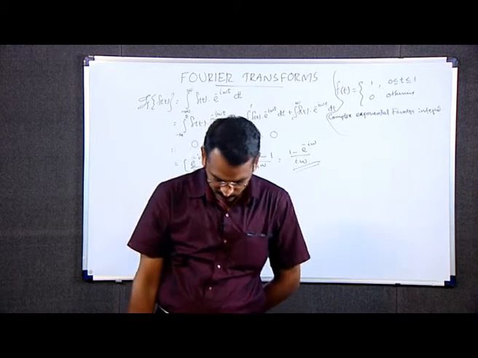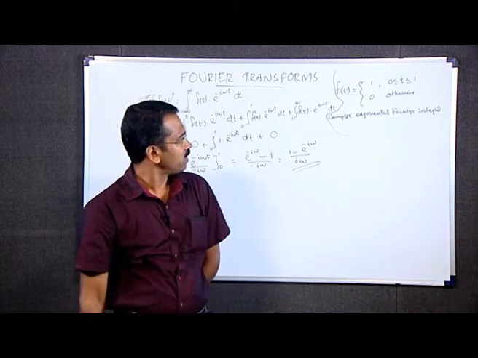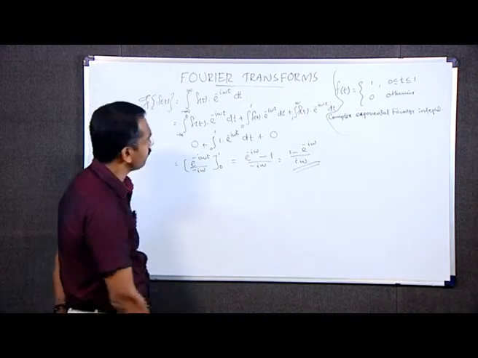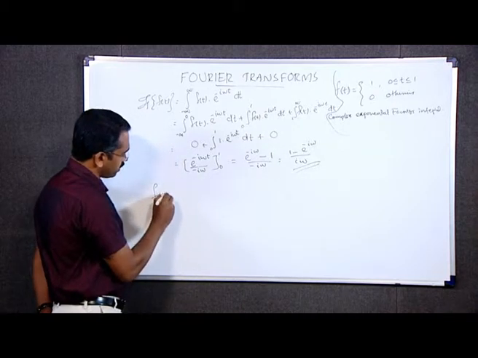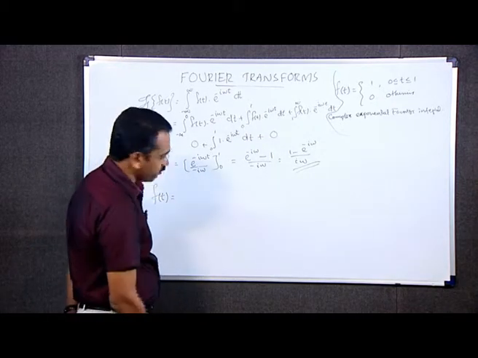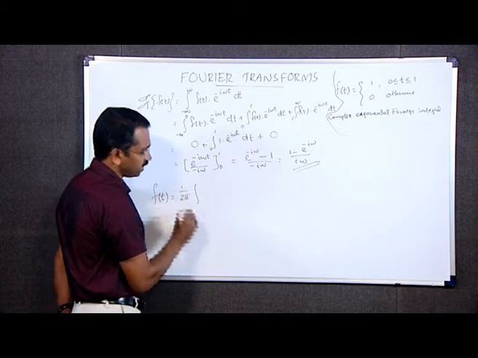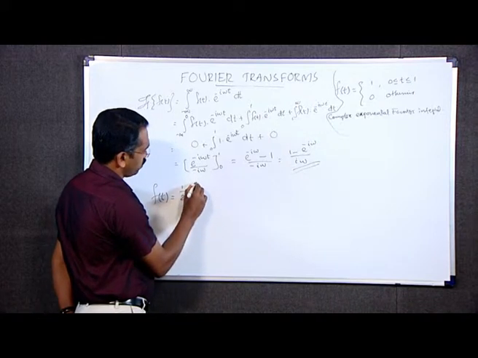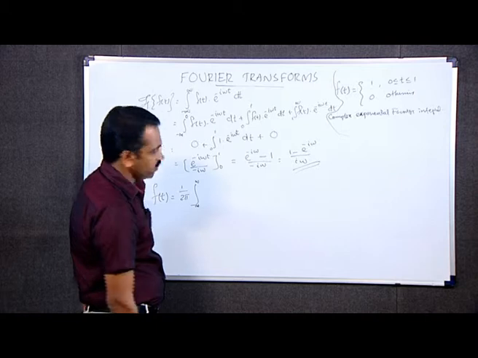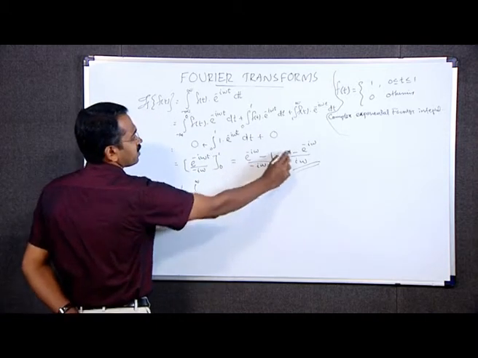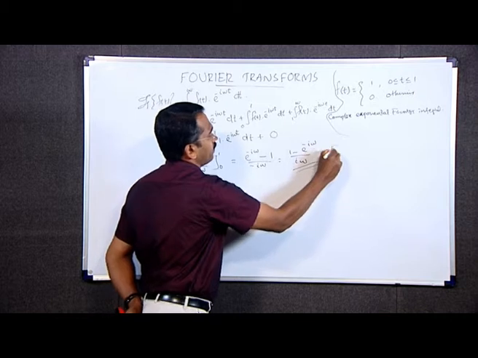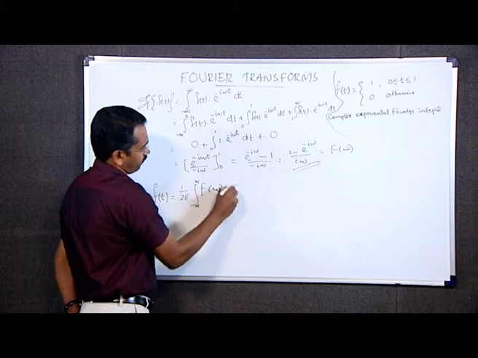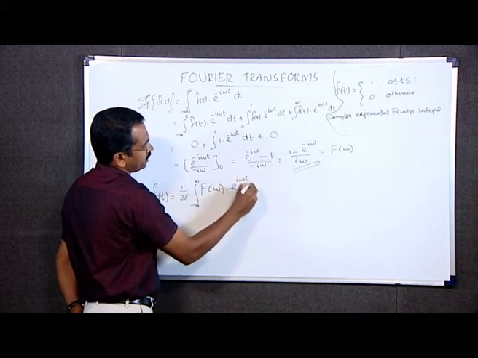Now we have to write the complex exponential Fourier integral representation of f of t, which is given by f of t equal to 1 by 2 pi into the integral from minus infinity to infinity of F of omega, here F of omega means this function of omega, into e raised to i omega t d omega.